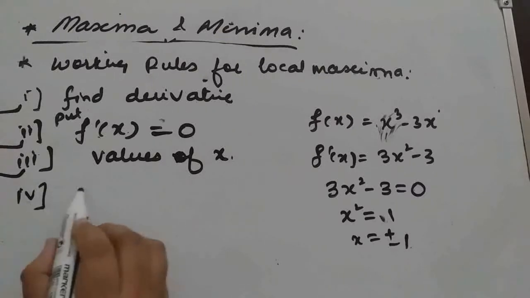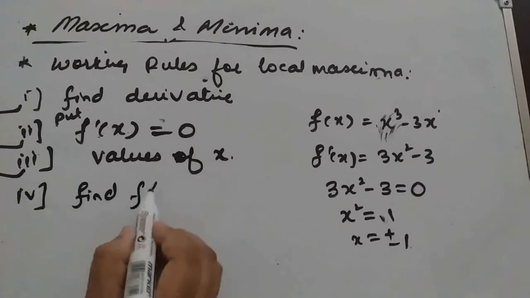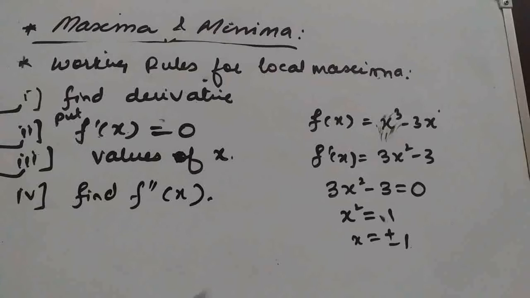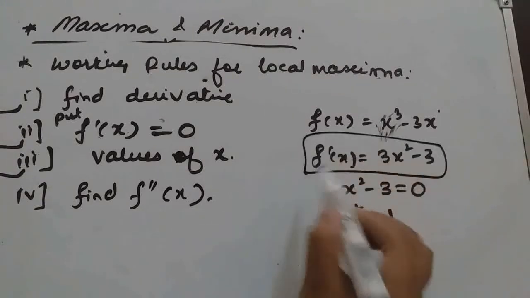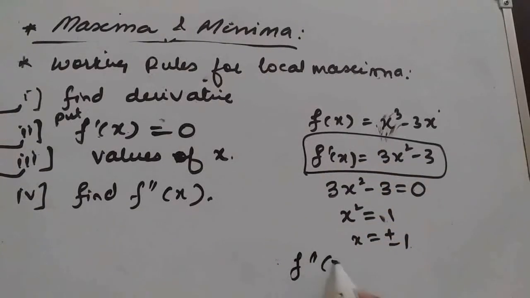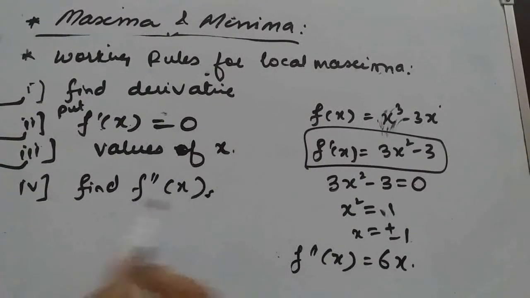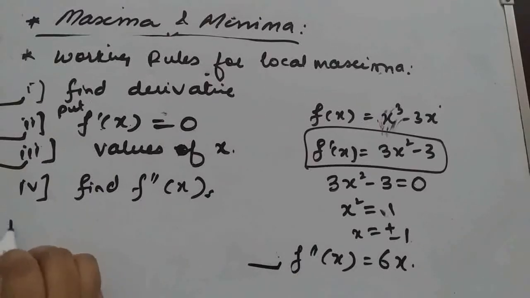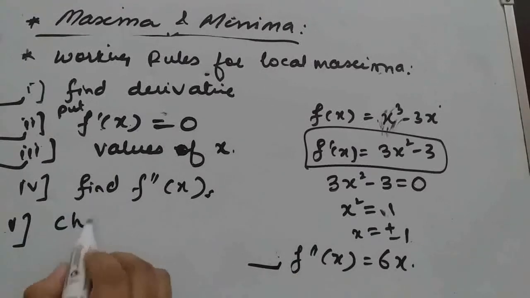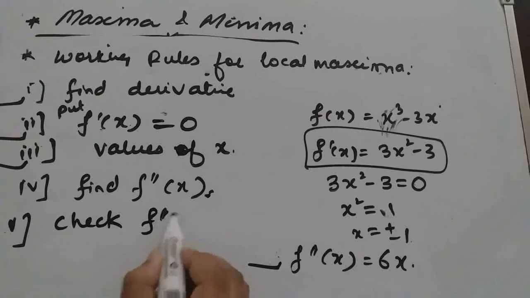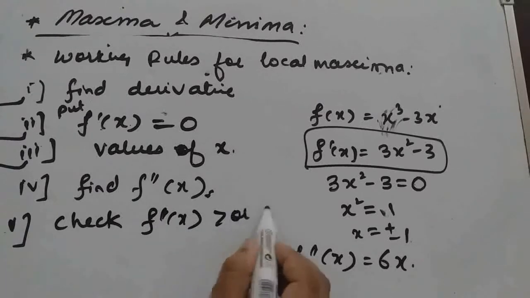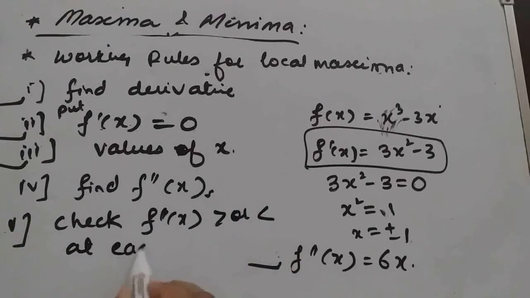Third step, find f double dash of x. Okay, so f dash of x is this, so f double dash of x will be 6x. Then next step, check f double dash of x positive or negative at each x point.